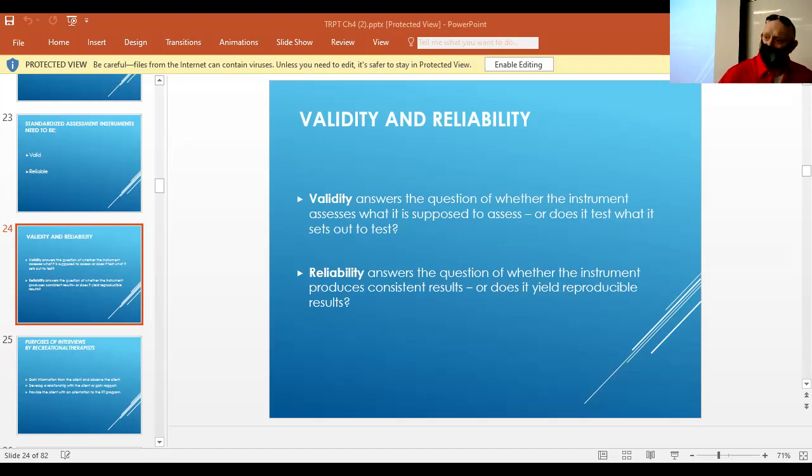So you want to build rapport with your patient. You also want to provide the client with an orientation to the recreation therapy program. That will help build the rapport as well. Have a new patient come in, a great thing to do would be to take them around your recreation therapy department, your facilities, introduce them to some of the other staff, show them the things that are going to be available.